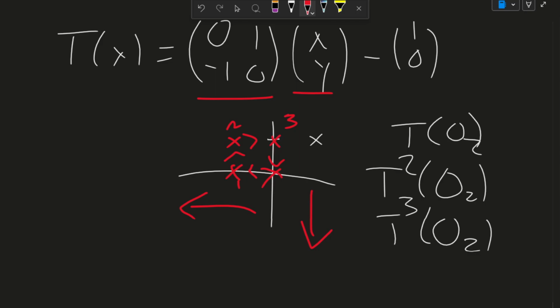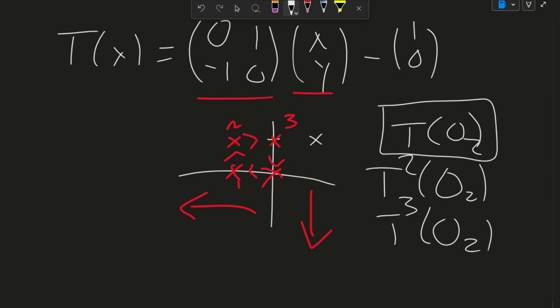So, in some way, this point here, t applied to 0, 2, is kind of like saying I was at -1, 0, right?